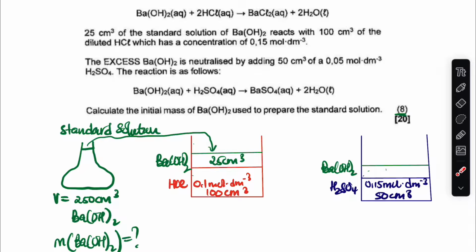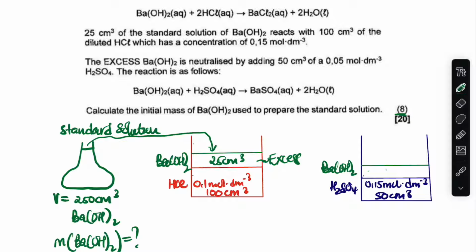Now it says here, sorry, the excess of barium hydroxide is neutralized by adding 50 cubic centimeter of 0.05 mole per dm3 of sulfuric acid. Okay, what this means, if they say it is an excess, that means there will be an amount that is not going to be used up completely.